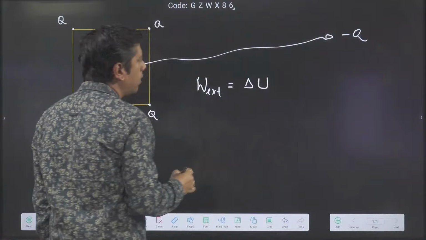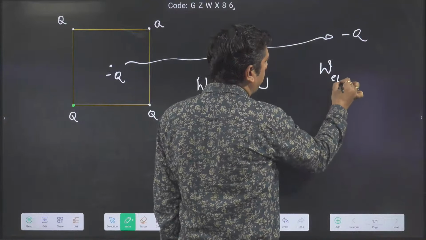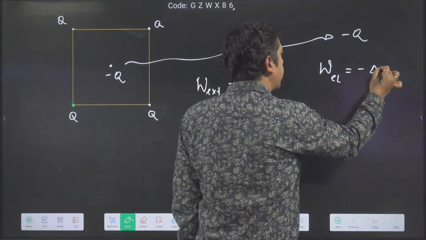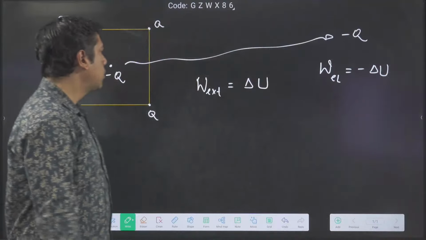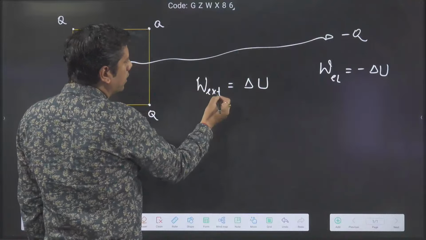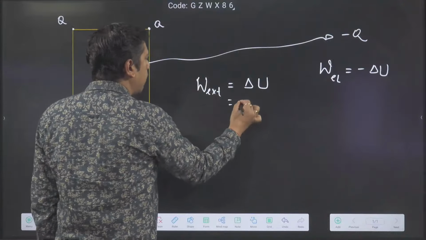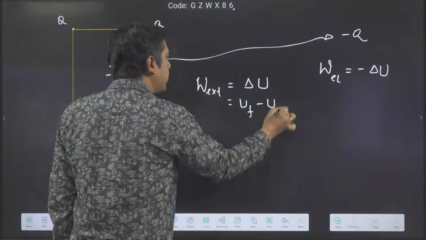we say delta U, and when we talk about work done by electric force, we say minus delta U. So let's calculate any one of them. If they are asking about the external force work done, then we will write final minus initial.